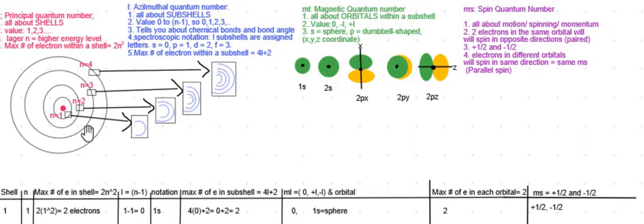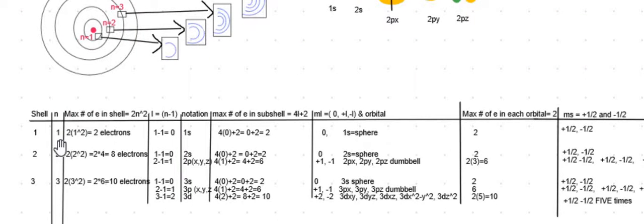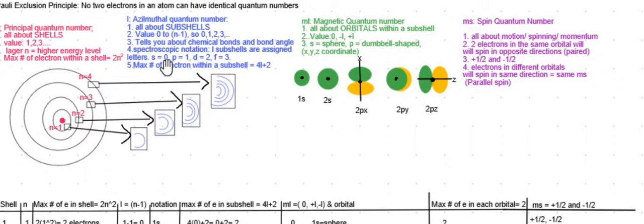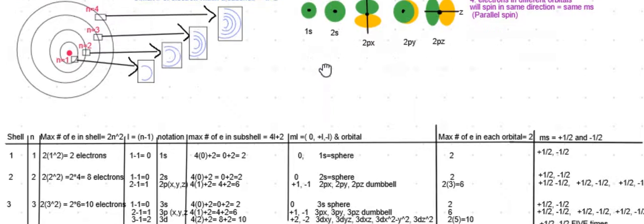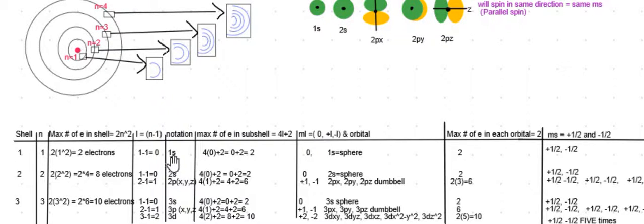And because L is 0, the letter when L is 0 is S, and so the notation would be 1s because it's the first level, and the letter is S, so it's 1s.